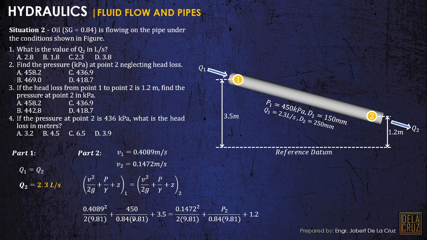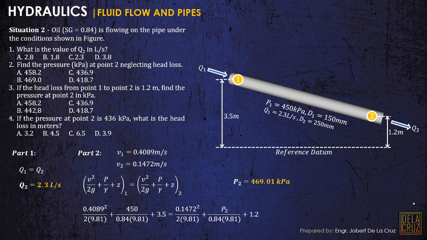Therefore, multiply the unit weight of water by the specific gravity, 0.84. Plus the elevation head here, 3.5 from the reference datum, equals V2 squared over 2G plus P2 over gamma of the oil plus the elevation here. Then we solve for P2. That is 469.01 kPa.